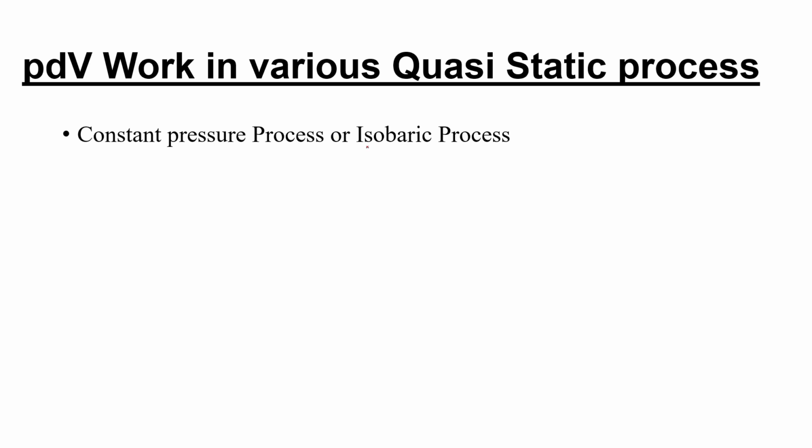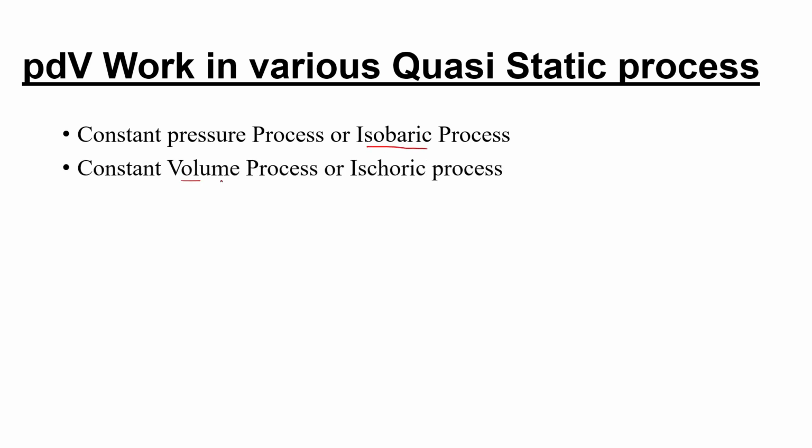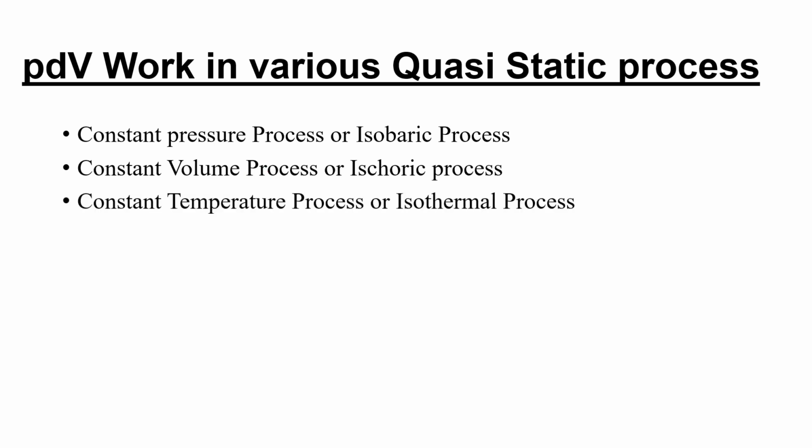This is also called an isobaric process. Then you have the constant volume process or isochoric process. This is another type of process in which volume is constant throughout the process. Then you have the constant temperature process or isothermal process where temperature is constant.